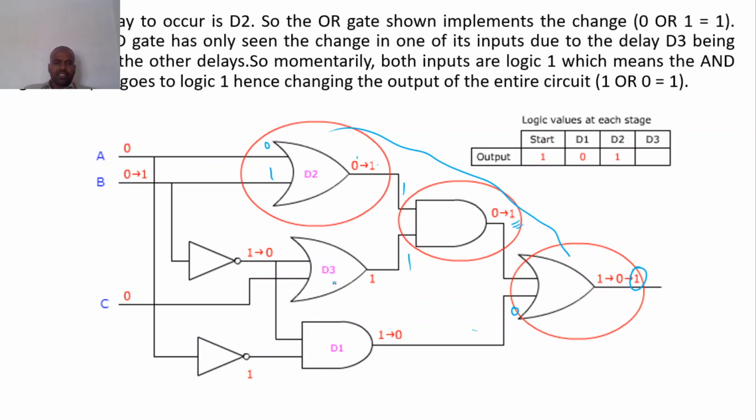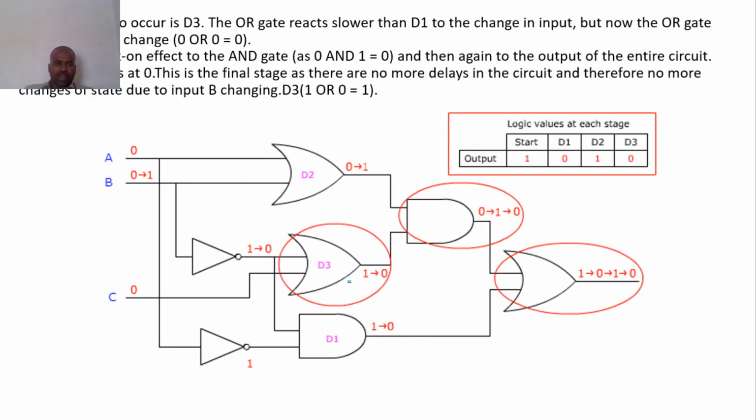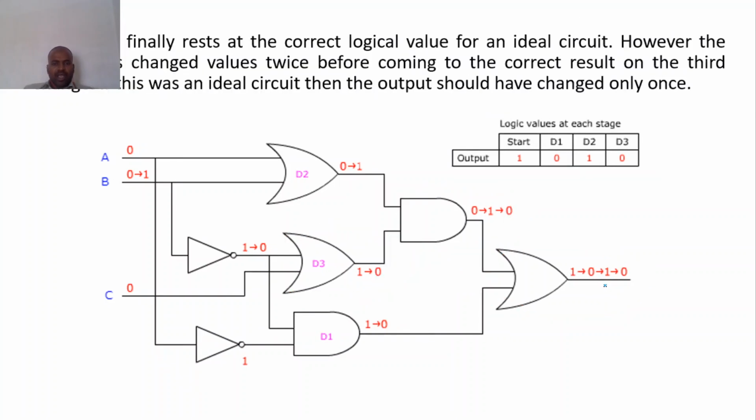And finally, D3 has the highest delay, so the final transition is through this way. That is, here 1 is changed to 0. So this is 0, this is 0 in the OR gate, this is 0. So here 0 will come, already 1 is here, so 0 1, it is 0. So this is 0, this is 0, so now it is 0.